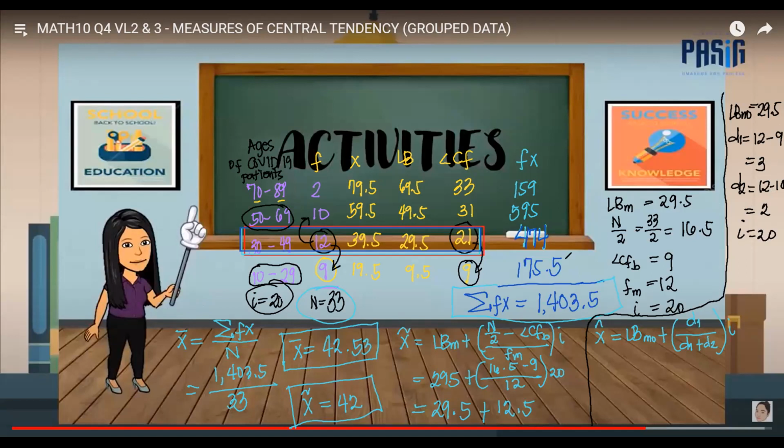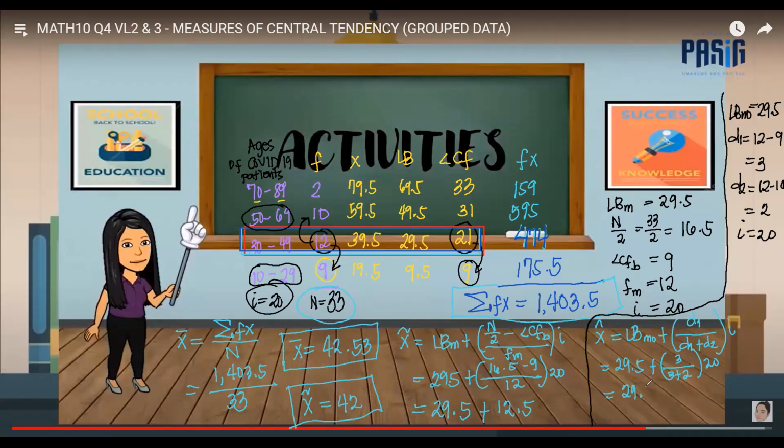So magsa-substitute na lang tayo, ano? Lower boundary is 29.5 plus D sub 1 is 3 divided by 3 plus 2 times 20. So what is 3 divided by 3 plus 2? 0.6, ma'am. 0.6 times 20 is 12.